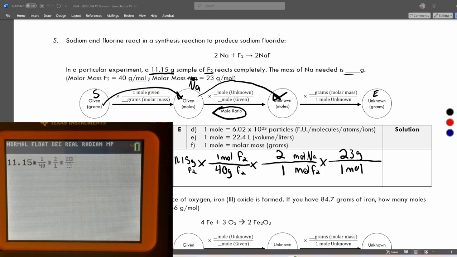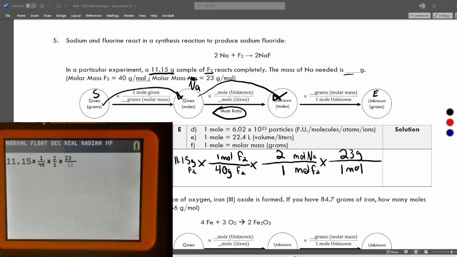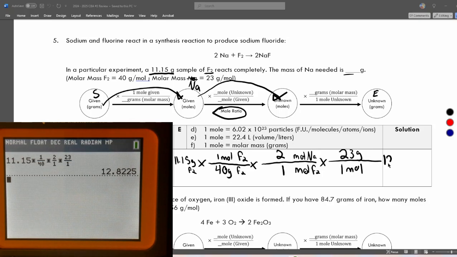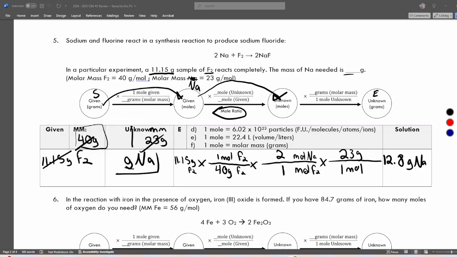And my final fraction over here is 23 over 1. We hit enter, we're going to get 12.8225. We can round that a little bit, 12.8. And this is grams of sodium because that's what our unknown is. That's what we're looking for. All right. Next problem.